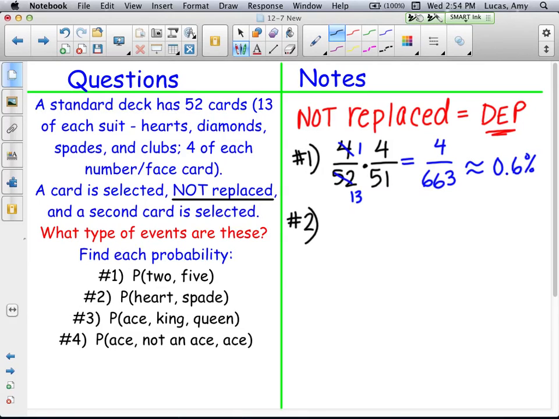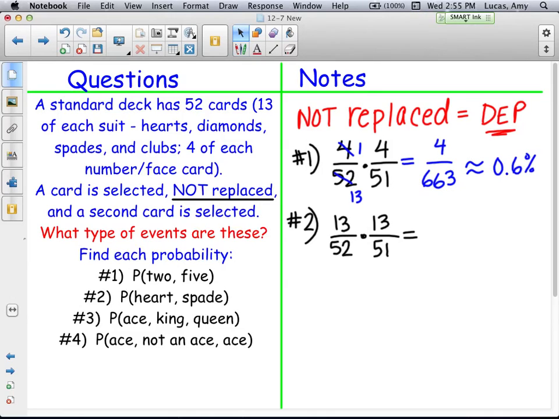Okay, our next one, probability of getting a heart and then a spade. Well, the hearts, there are 13 hearts in the deck out of 52. And then getting a spade. Well, there are 13 spades in the deck, and our first card wasn't a spade, so there's still 13 of them there. But we didn't put the first card back again, so the denominator goes from 52 to 51 because we didn't replace that card.